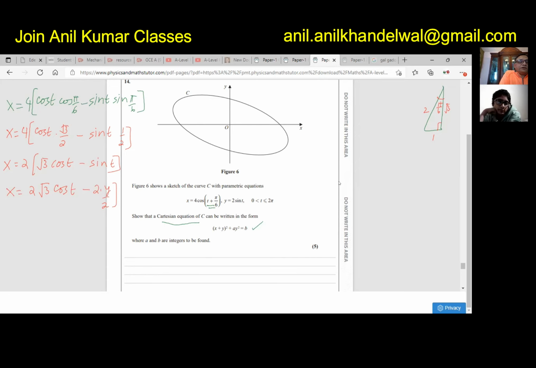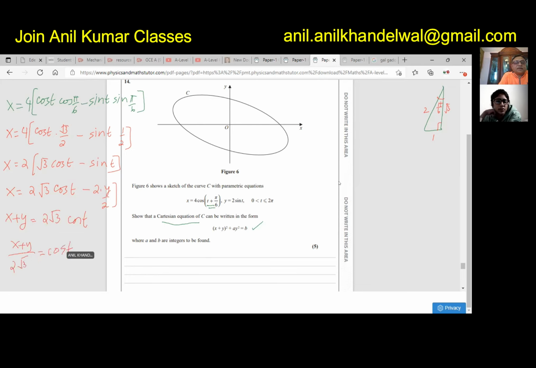So you can bring y to this side, so x plus y is equal to 2 square root 3 cos t. So you can now find what cos t is: x plus y over 2 square root 3 is cos t, correct?